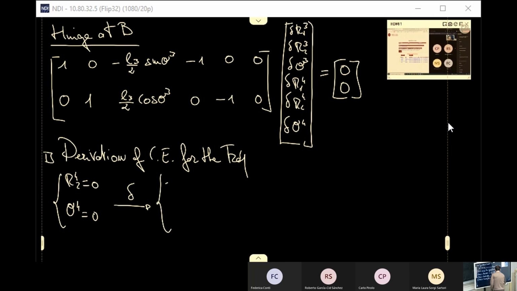If we derive it and write it in matrix form, it's very simple again.